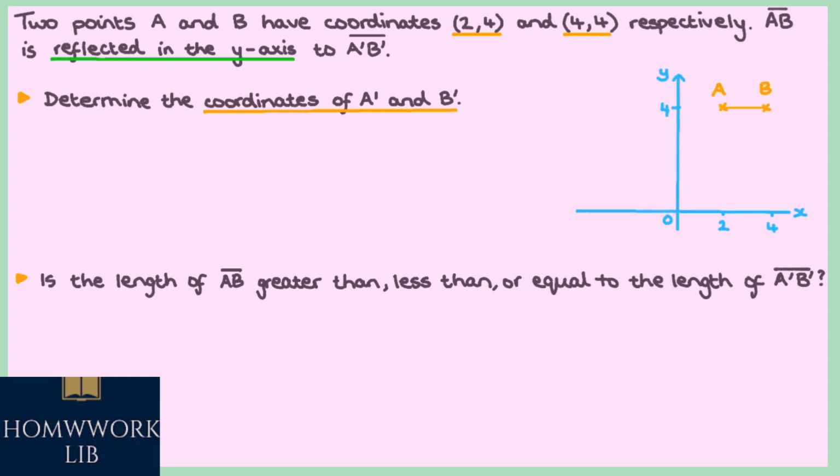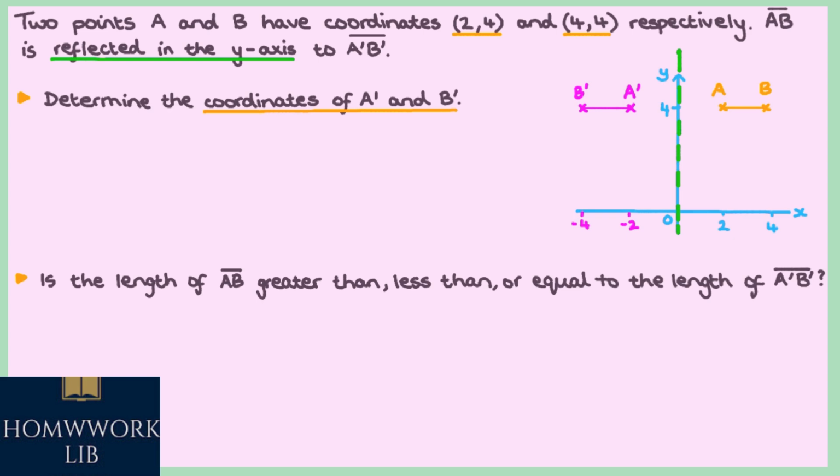One way to approach this problem would be to visualize the effect this transformation has using a sketch of the two points on a coordinate grid. When we reflect a point in the y-axis, it appears on the opposite side of the y-axis, at the same horizontal distance from the mirror line as the original point, but in the opposite direction.